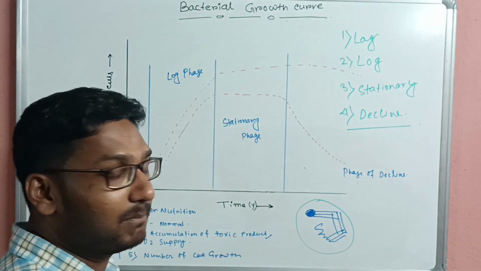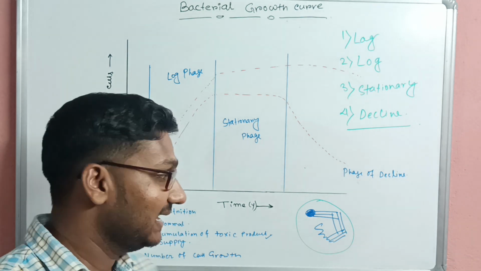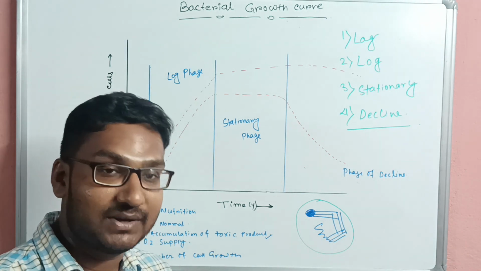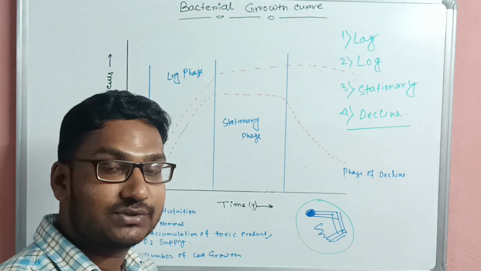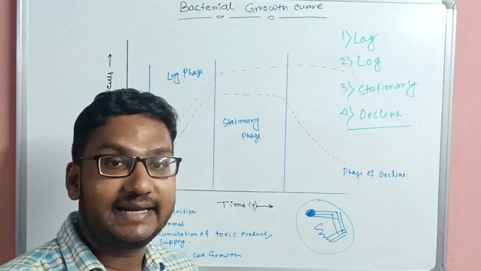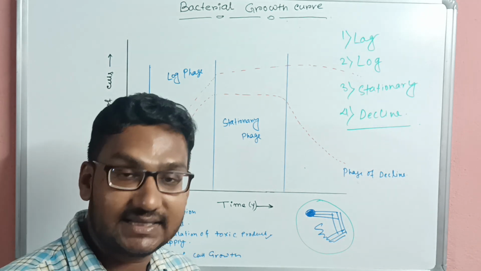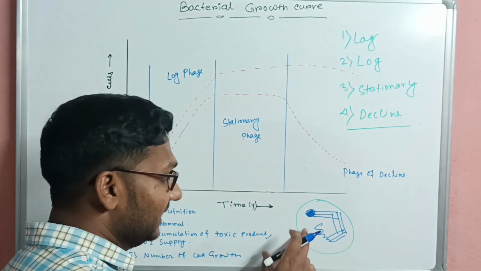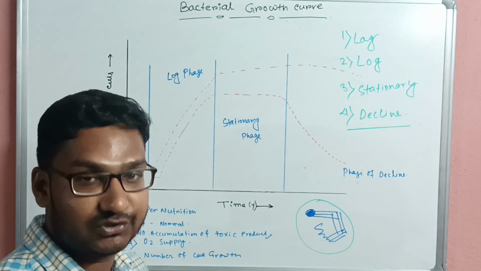So all favorable conditions are present, but it never takes growth. Why? Because after introducing a colony on suitable media, it takes a few time for the adaptation to the nature. It releases some enzymes, so it has to adapt to the media nature and all about things.